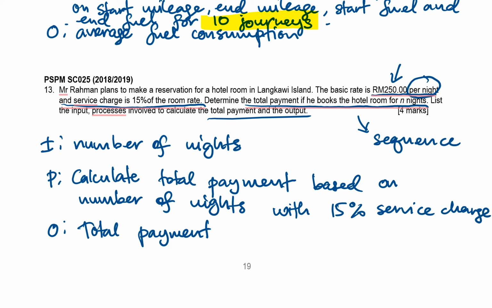Now you need to remember that the constant here, that is 250, you don't have to write in your input. You need to write it in the process, during pseudocode and also flowchart. In IPO, you don't have to write the formula, and the constant you don't have to write in the input.